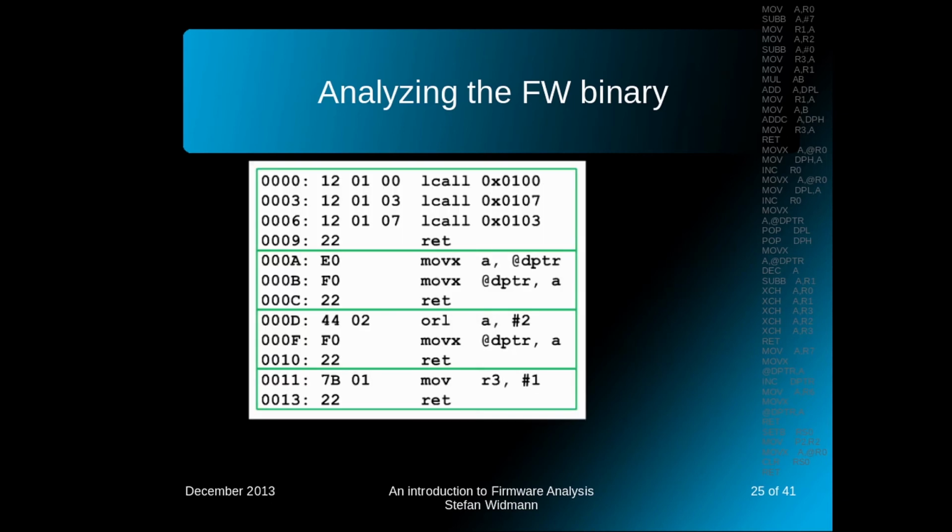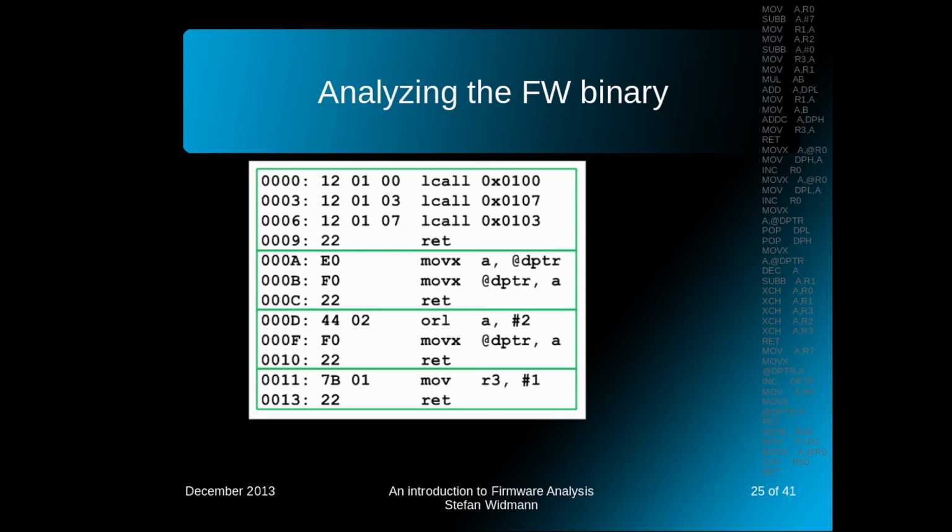I've prepared an example. This is 8051 code. The 8051 core is very old. It's an 8-bit controller, but it's still widely used in the field because it is cheap as dirt, and you can implement it wherever you want. In the left column, we see the addresses of our example, from 0 to 13 hex.